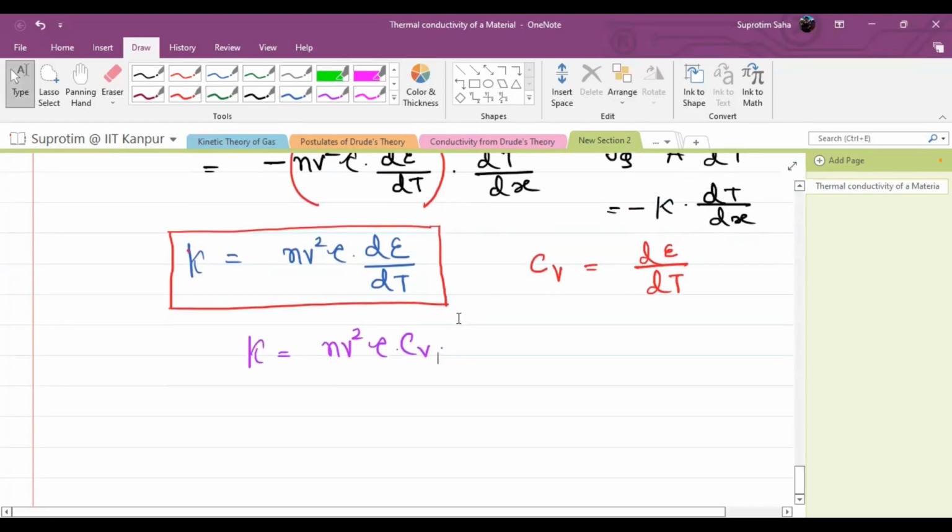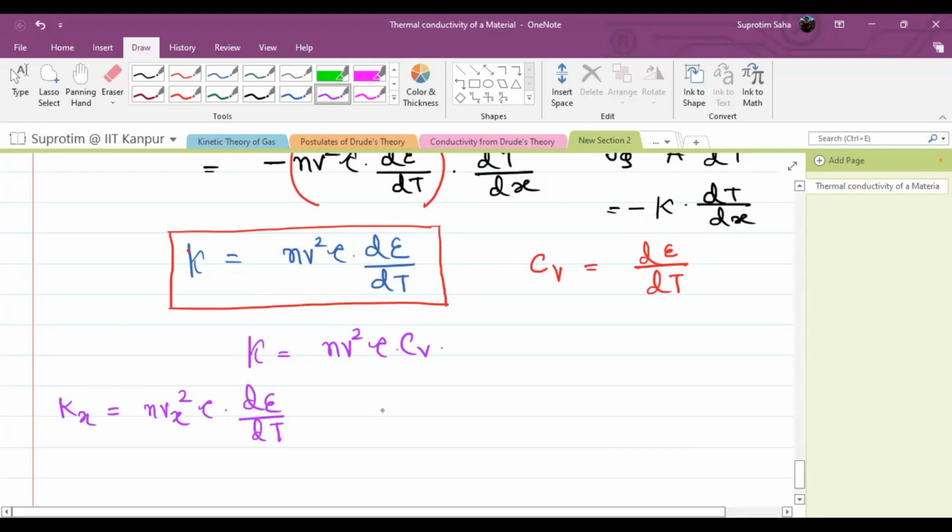Now we worked out the problem in one dimension. Similarly, kappa_x is in the x direction, the transfer of energy, and this is independent of the direction. So in the x direction, this will be given by n v_x squared tau d epsilon/dT. I'll be changing between de and d epsilon, so please bear with me.